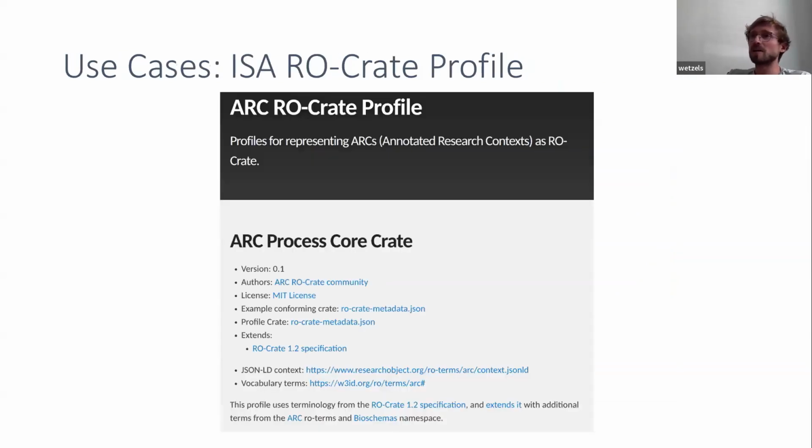Lastly, I want to talk about where we already use this. I said our tooling makes a lot of use of these types already. For RO-Crates, we have the ISA RO-Crate profile, which is also developed by DataPlant. Here we make use of LabProcess and LabProtocol as the core of all these profiles.